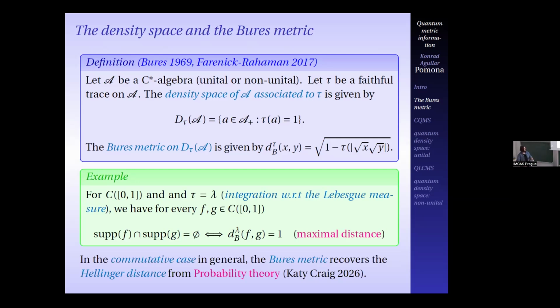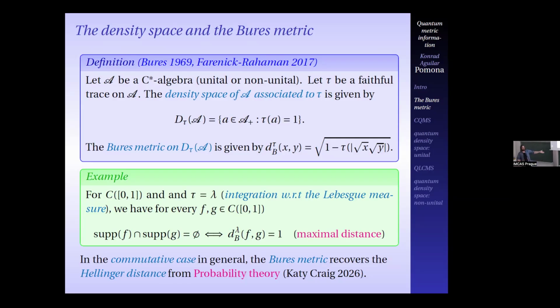Professor Kitty Craig pointed out, when I showed the commutative case, "That's actually the Hellinger distance from probability theory." I had to look it up later. It was nice that she pointed this out, because I don't think Bures, Fahrenheit and Rahman ever mentioned the Hellinger distance. Neither does Bures, as far as I know, in other papers.